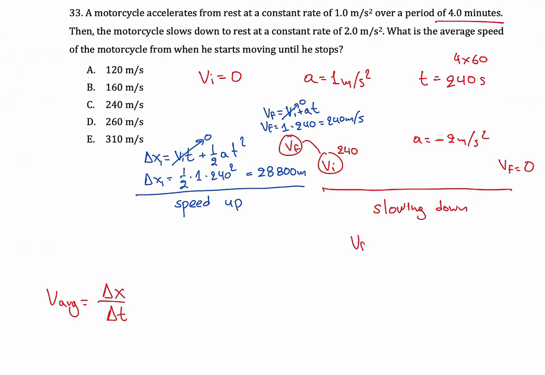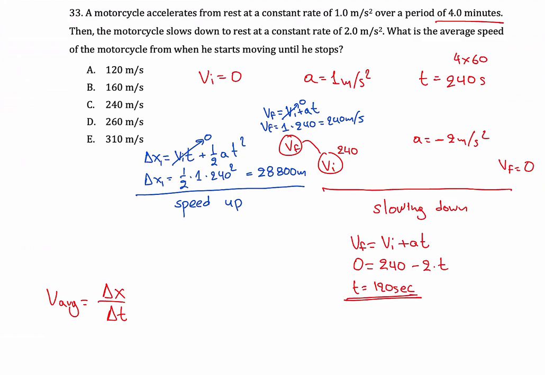So first we'll say v final is equal v initial plus at, because we need the time as well. The final velocity is 0, the initial velocity is 240, the acceleration is -2. So from this we find that the time is 120 seconds. This is the second time, and this is actually useful.